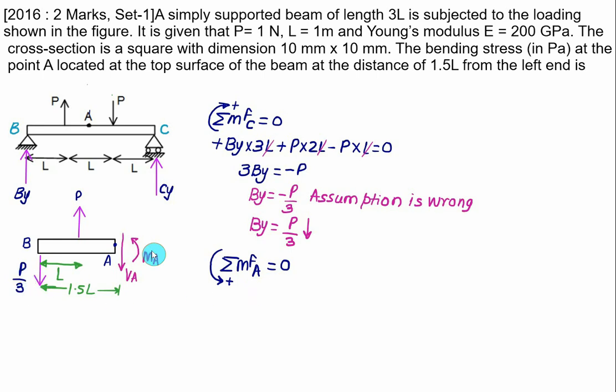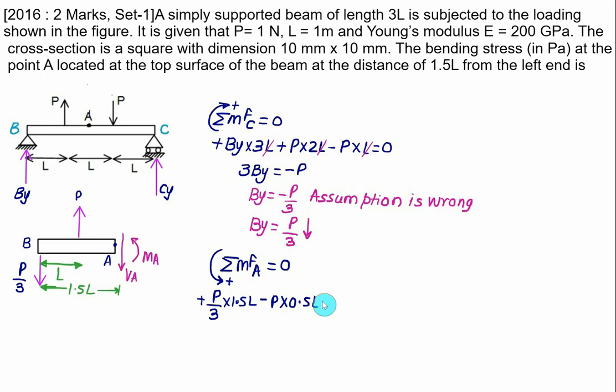P by 3 about point A will make an anti-clockwise moment, which is a positive value, and the distance is 1.5 L. So we have P divided by 3, anti-clockwise is positive, and distance equal to 1.5 times L. The moment of this force P about point A will be clockwise, and this clockwise you have to take as a negative value, and the force is equal to P, and this small distance is equal to 0.5 times L. Plus we have to show the bending moment at point A.